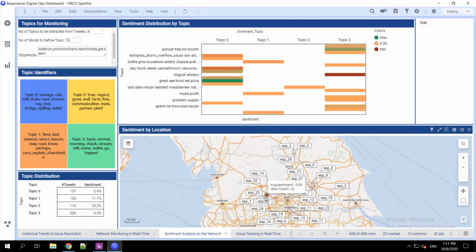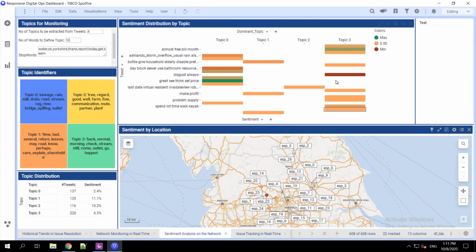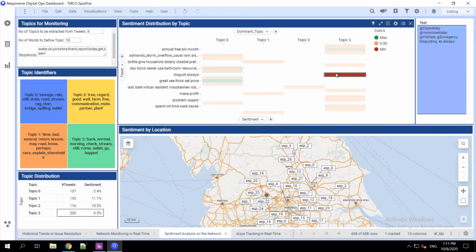To understand the sentiment around a particular location, we can simply select a sensor location. So I just selected location ESP1. I can see that this particular tweet has a maximum negative sentiment. The tweet that is coming in is something like "disgusting as always."